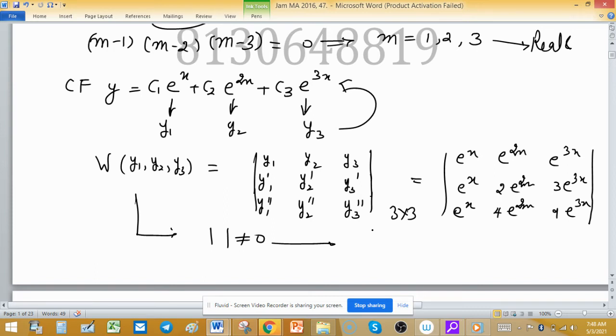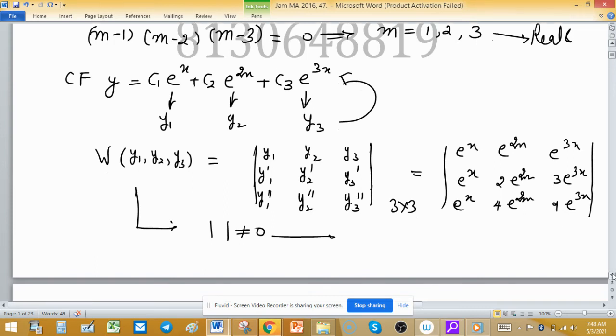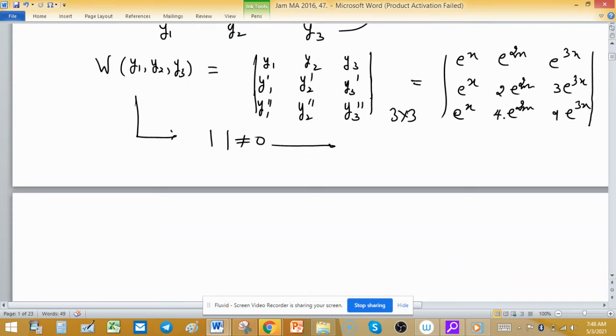So we need to find this determinant as we obtained in the last step. You can see e^x is in the first column, e^(2x) in the second column, and e^(3x) in the third column. You can take these out as common, and since the base is the same, the powers will be added.